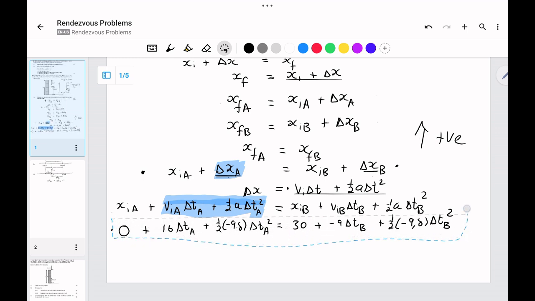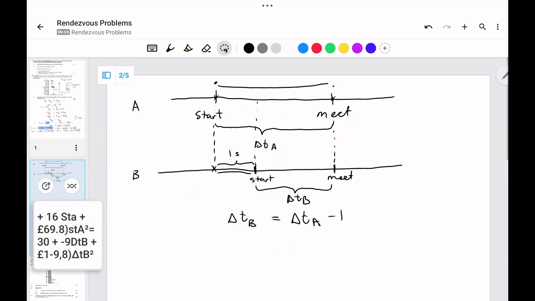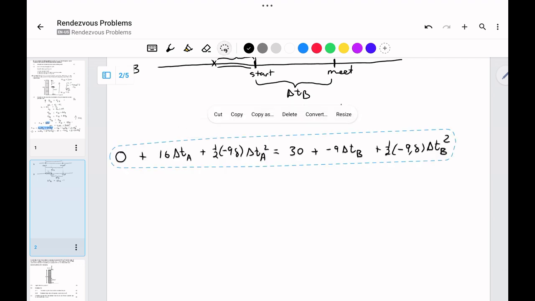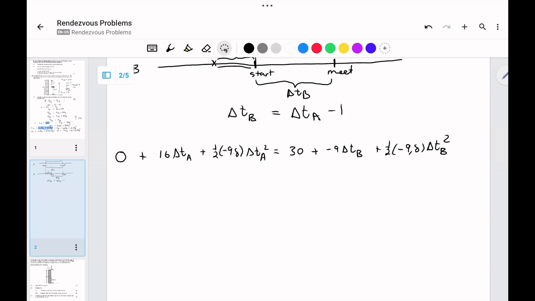So I'm going to copy this line and paste it there. So this is the first equation.